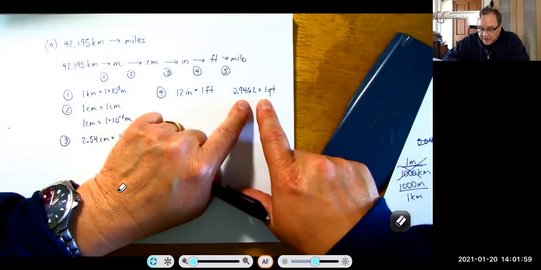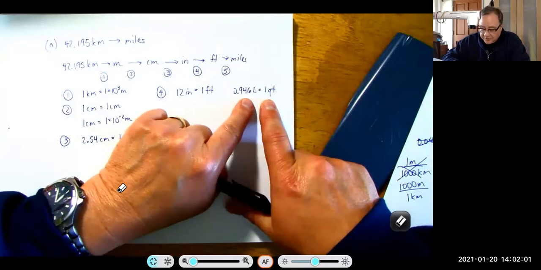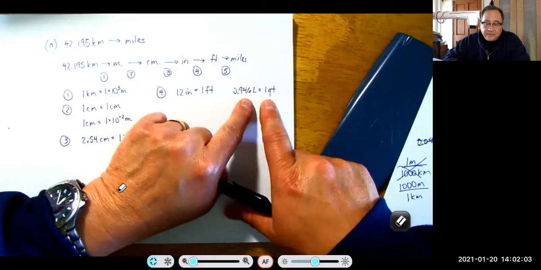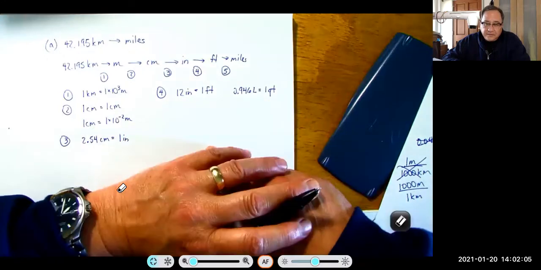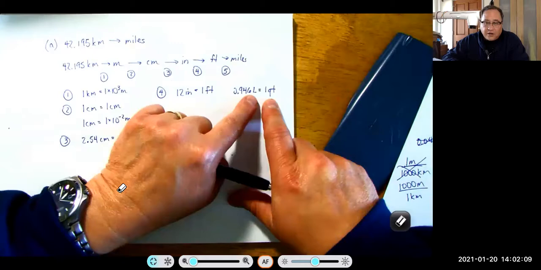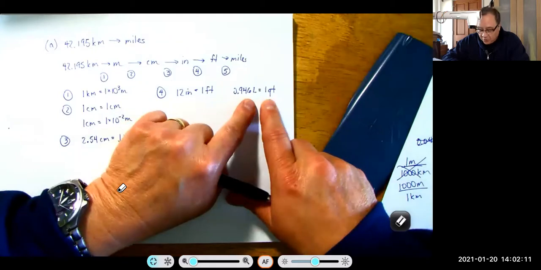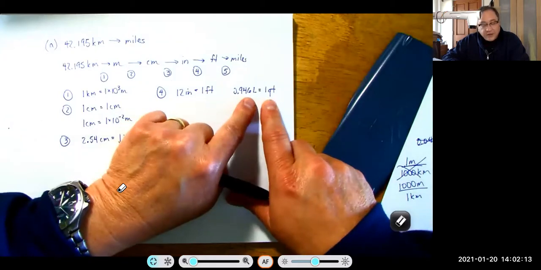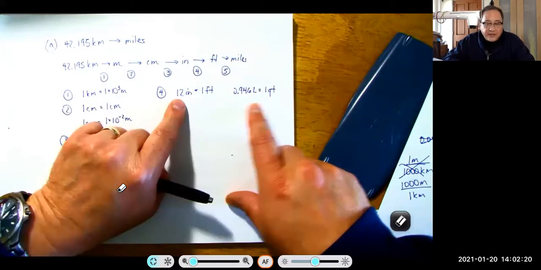So, but on this one here, let me ask you, which is larger, a liter or a quart? Quart. No, it's a liter. And I'll show you why. Take a look over here. Which is larger, the inch or the foot?